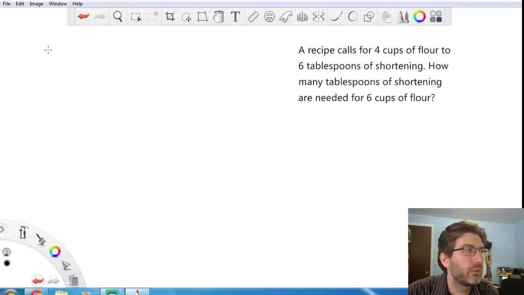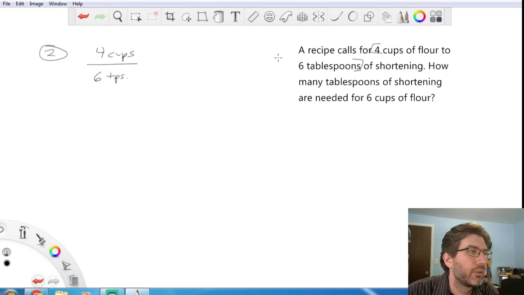This is number 2. A recipe calls for 4 cups of flour to 6 tablespoons of shortening. 4 cups to 6 tablespoons. Tablespoons has a B in it.